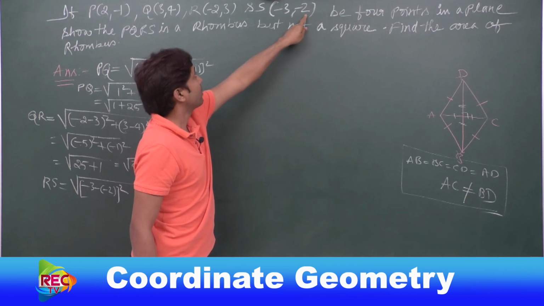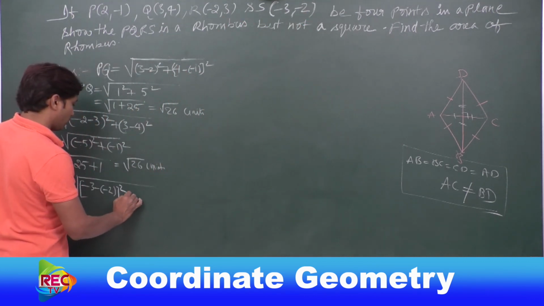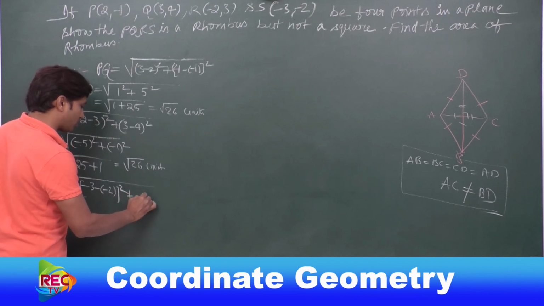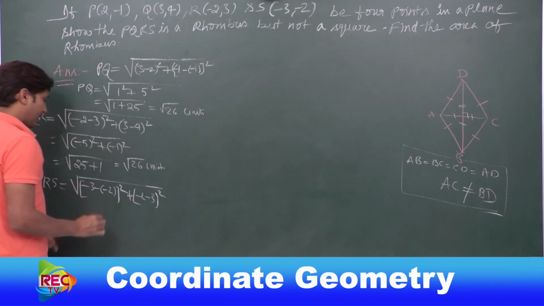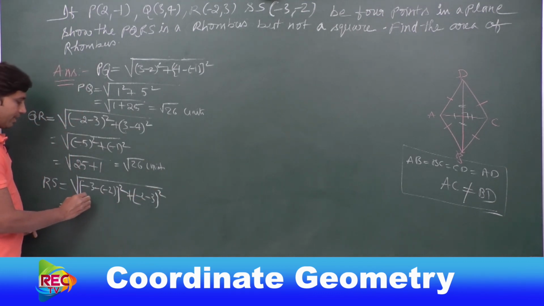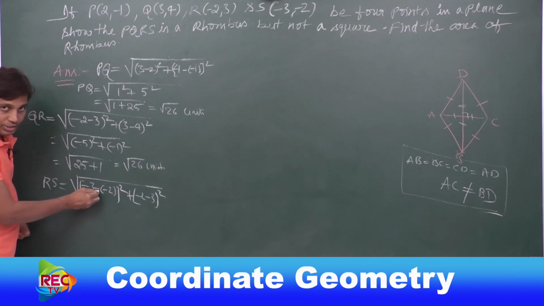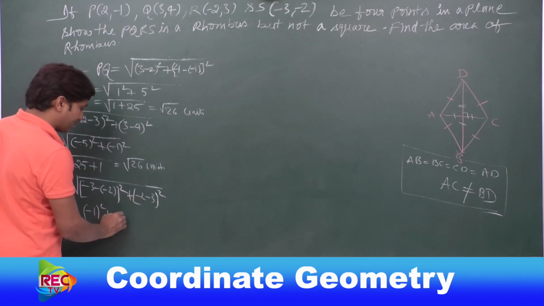Now y2 minus y1, minus 2 minus 3, so plus minus 2 minus 3 whole square. Now what would it be? Just see, this is minus 3, minus of minus 2 would be plus 2. Minus 3 plus 2 would be minus 1 whole square. And this would be minus 2 minus 3, that is minus 5 whole square.